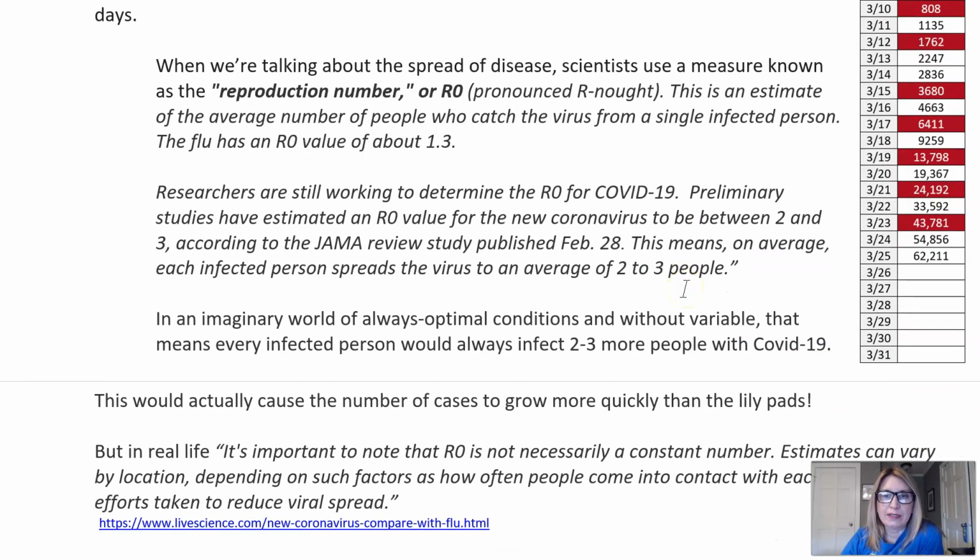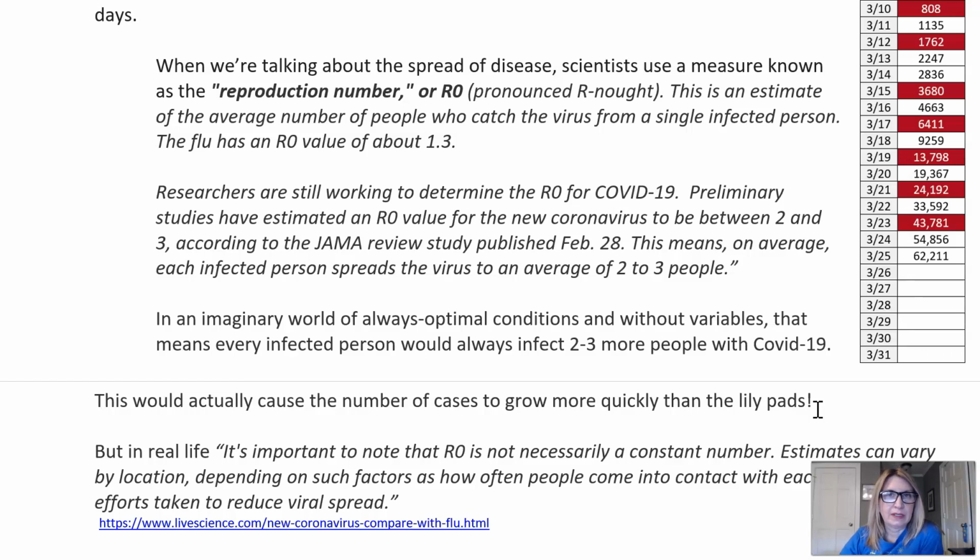Now, in an imaginary world of always optimal conditions, and without any variables, that means that every infected person would, on average, infect 2 to 3 more people with COVID-19. So if I had the virus, I would infect about 2.3 to 2.5 additional people. This would actually cause the number of cases to grow more quickly than the lily pads because it's more than doubling.